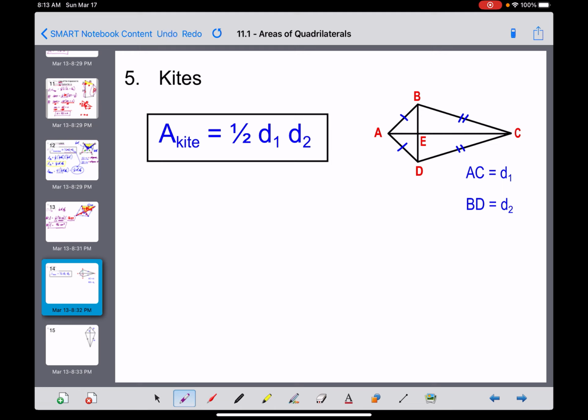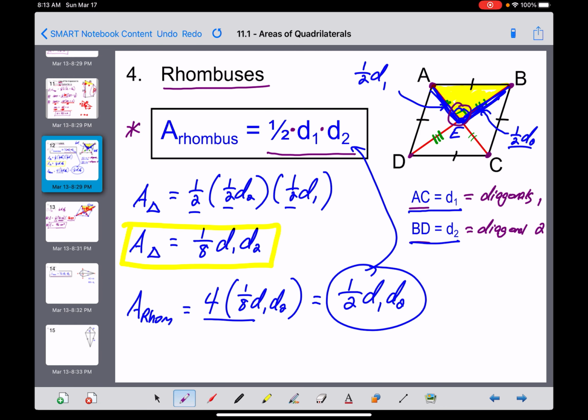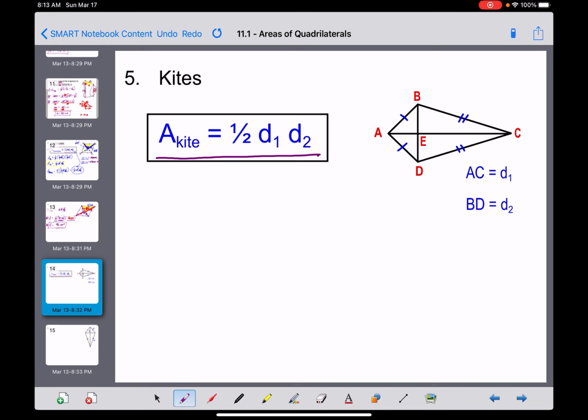And lucky for us, everybody, the formula for area of a kite, you'll notice, is identical to the formula we learned 2 slides ago for area of a rhombus. If we were going to prove it, it's not for the exact same reason. You do create 4 triangles here when you draw the diagonals in a kite.